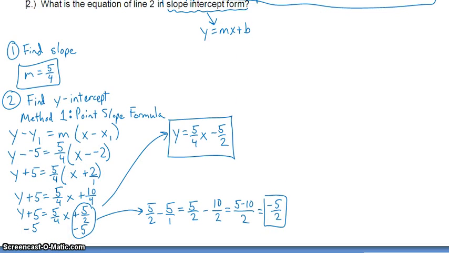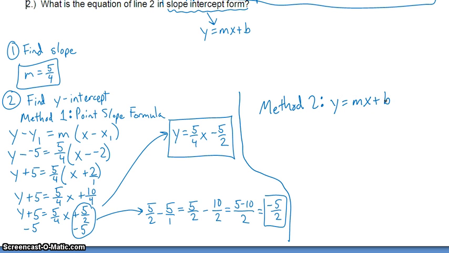Let's look at method 2. Method 2 starts with what my answer should look like. y equals mx plus b. Step 1, plug in the slope, 5/4.